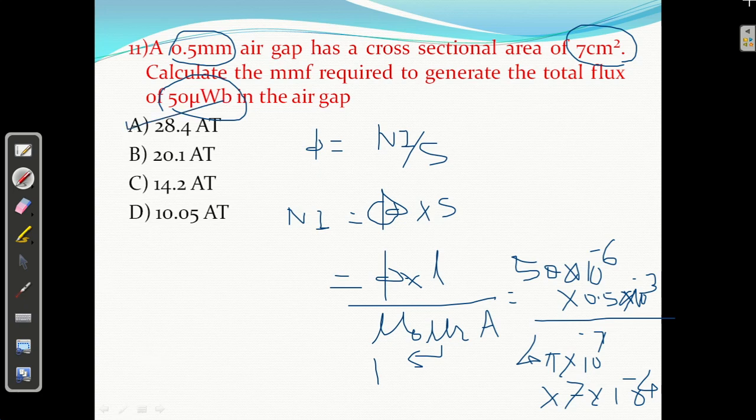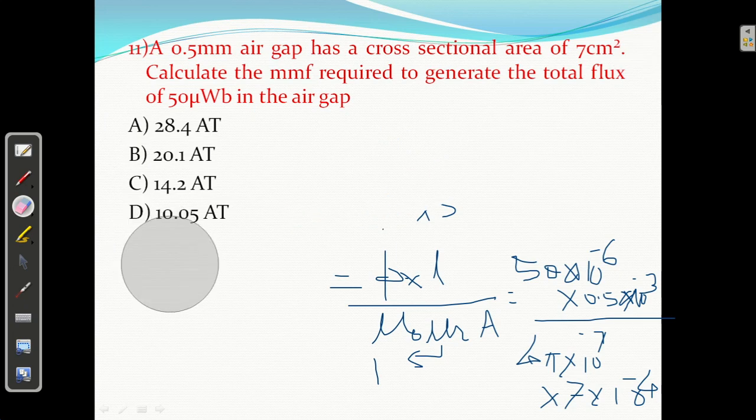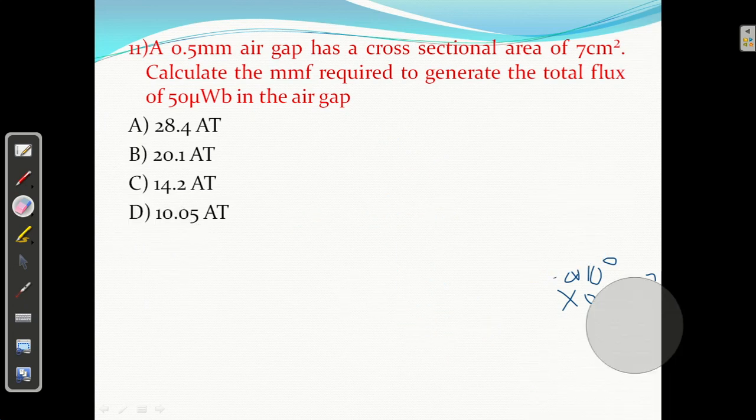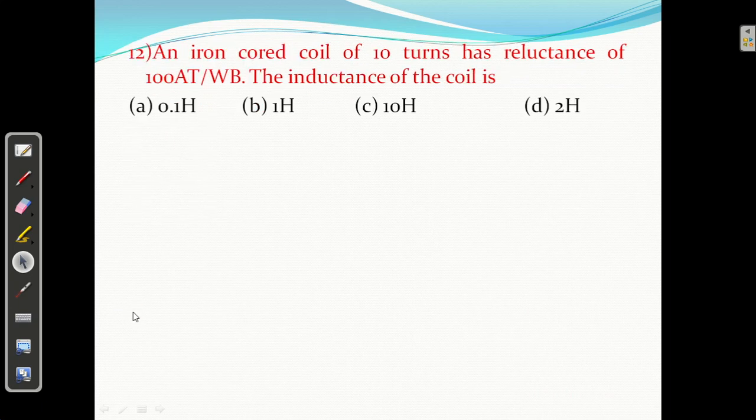If you solve with the help of calculator, you will get 28.4 ampere turn. Right?